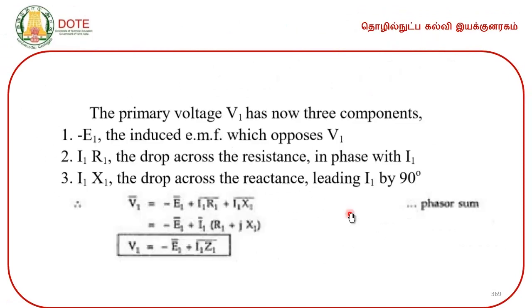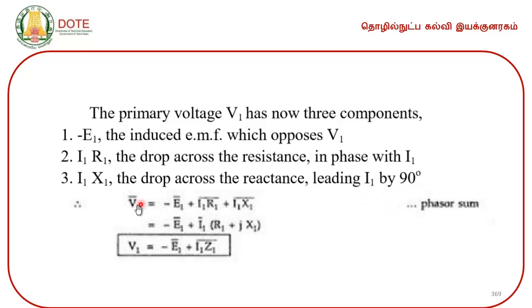The primary voltage V 1 has 3 components. One is E 1, the induced EMF which opposes V 1; I 1 R 1, the drop across the resistance which is in phase with I 1; and I 1 X 1, the drop across the reactance leading I 1 by 90 electrical degrees.